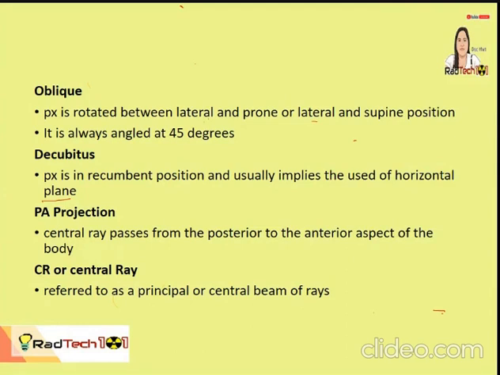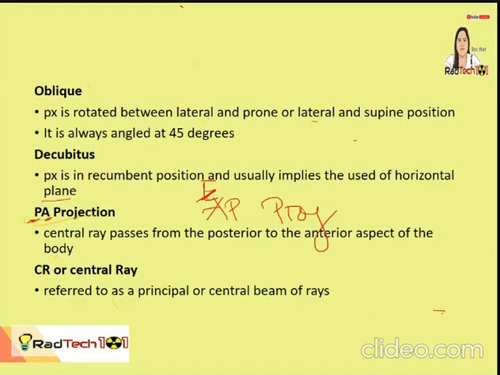So we have the PA projection. It enters the posterior and exits the anterior portion. So enter, exit. If AP projection, it enters the anterior and exits the posterior. Okay, very good.